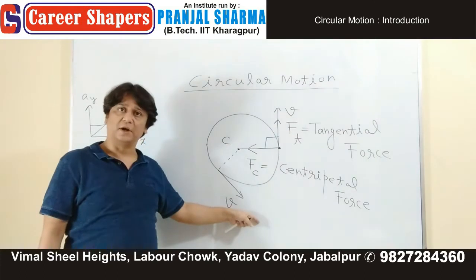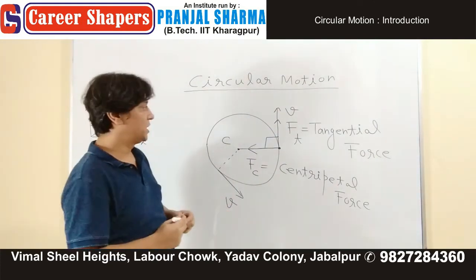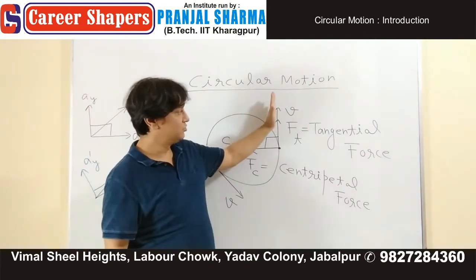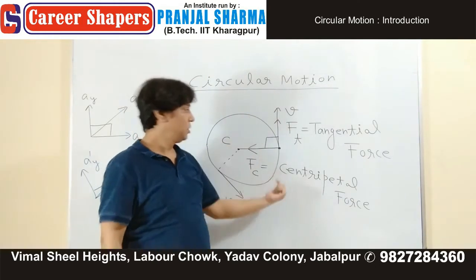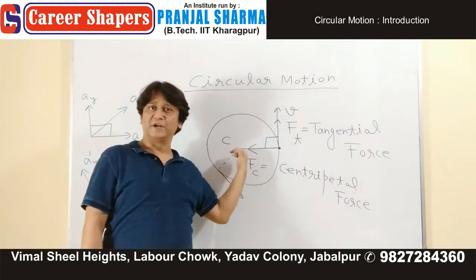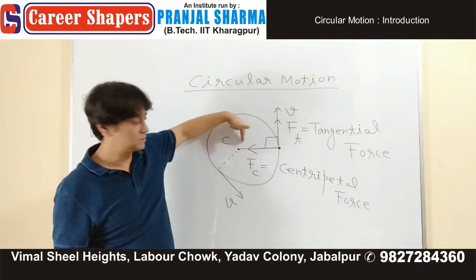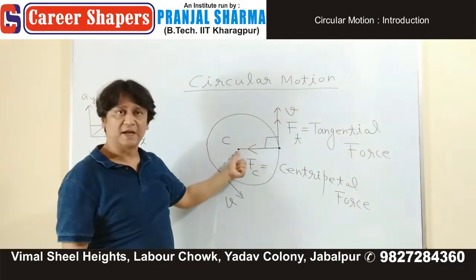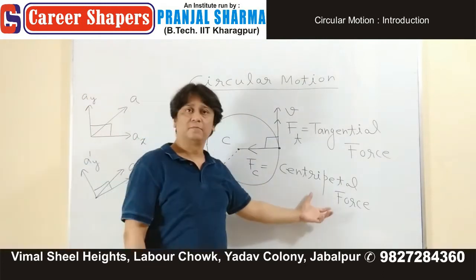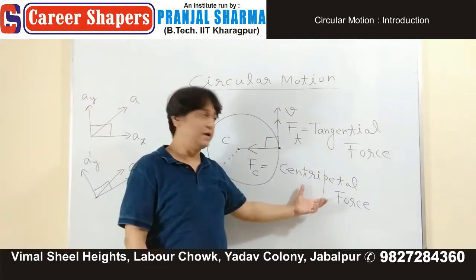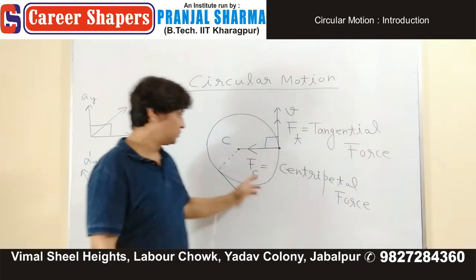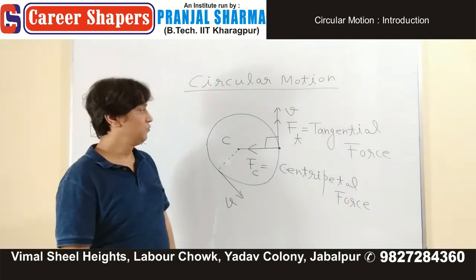Along the tangent. इसलिए हमने क्या बोलना शुरू किया कि भाई एक काम करो, एक टेंजेंशियल कंपोनेंट बनाओ और एक दूसरा टेंजेंट से 90 पर. टेंजेंट से 90 पर क्या होती है? रेडियस. कहाँ पॉइंट करेगी? सेंटर. गिव इट अ न्यू नेम, that is centripetal component. This is your tangential force and this is centripetal force.